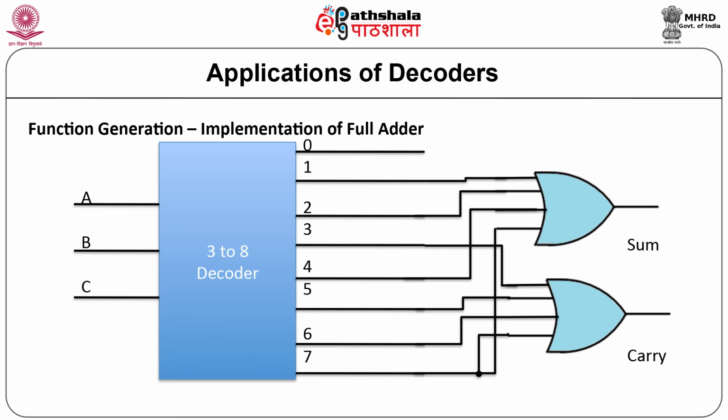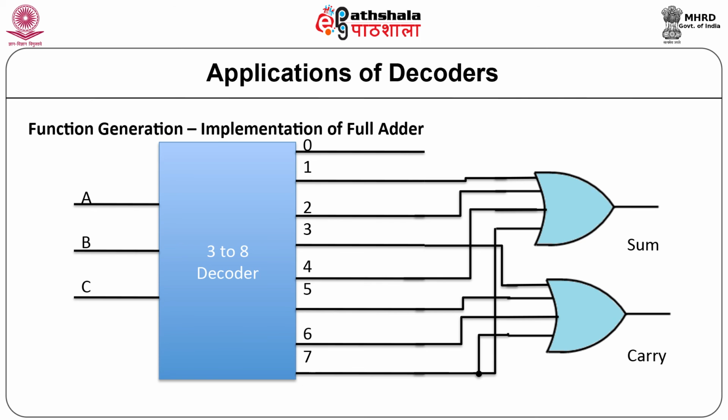The carry is a function of, once again, the 3 inputs x, y, z, which is given as sum of min terms 3, 5, 6 and 7, where summation indicates sum, m indicates min term and the number in bracket indicates the decimal equivalent of the min term.